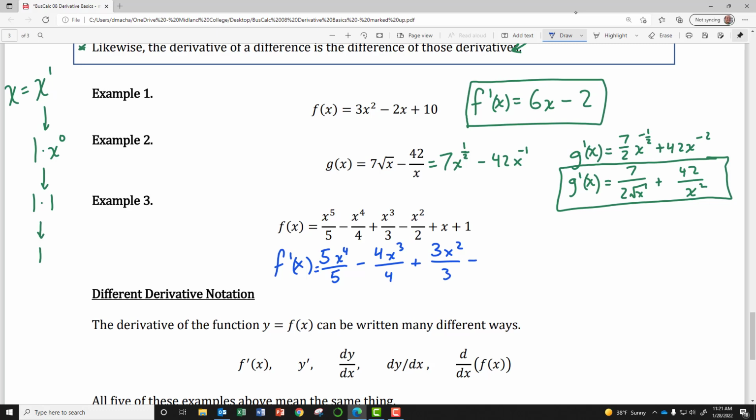The derivative of x squared is going to be 2x to the 1 power, and then the derivative of x is like the derivative of x to the 1 power. We already spoke about that over here. That's just going to be the number 1. And the derivative of any constant, like this plus 1, is 0. So if you want to clean this up a little bit, you can write your derivative as just x to the 4th minus x to the 3rd plus x squared minus x plus 1.